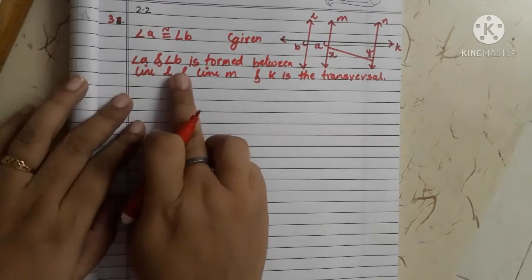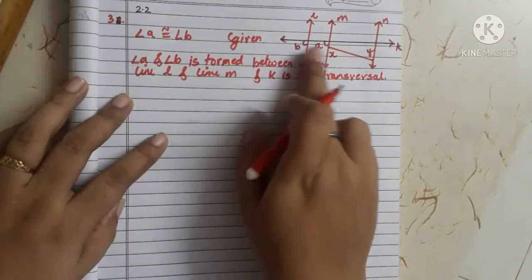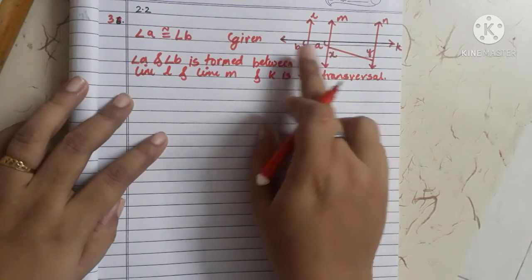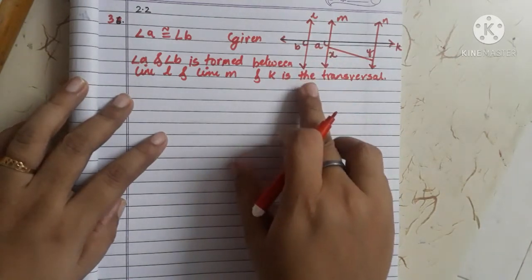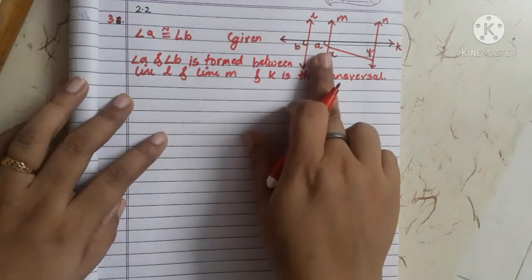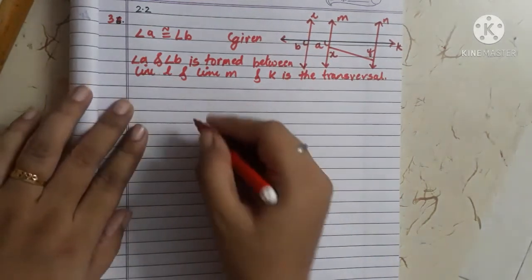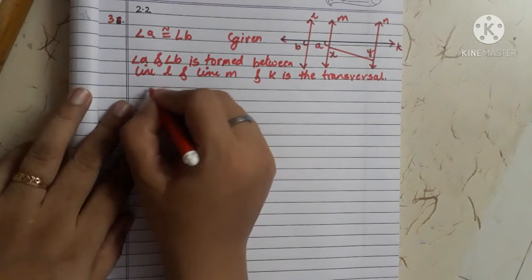But you can see A and B are corresponding angles. Yes, A and B are the corresponding angles. Therefore, we can say line L is parallel to line M by corresponding angle test of parallel lines.